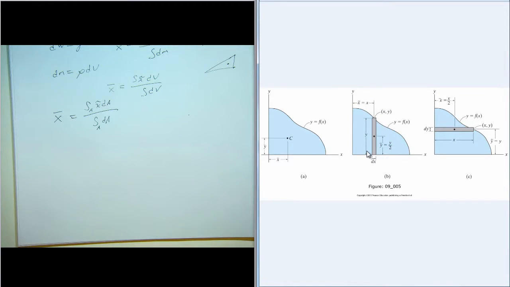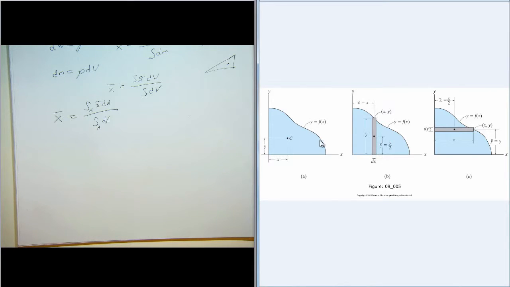And so what this is really giving us for x bar is a weighted average, because we're integrating x tilde over the area, and then we're dividing it by the area.